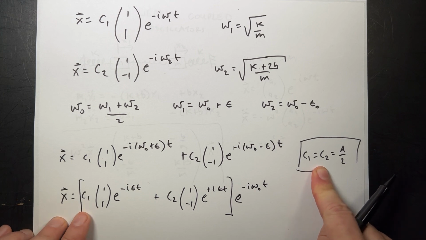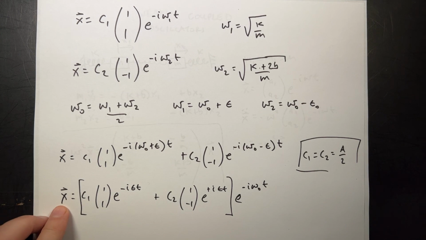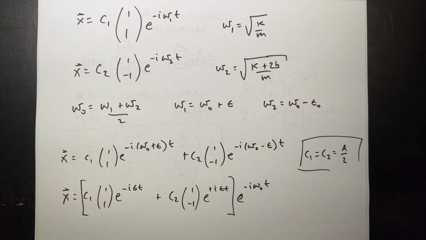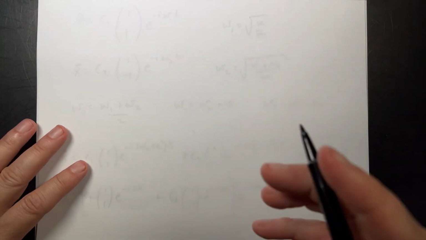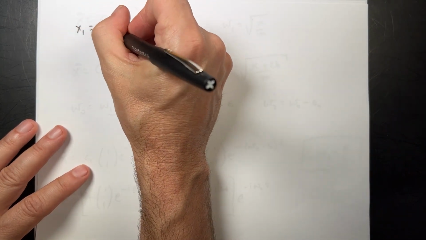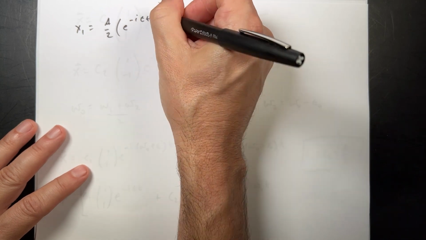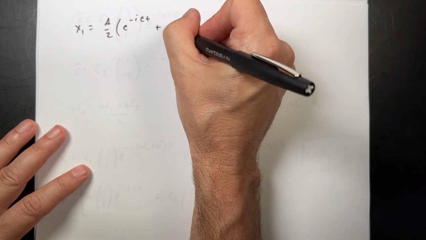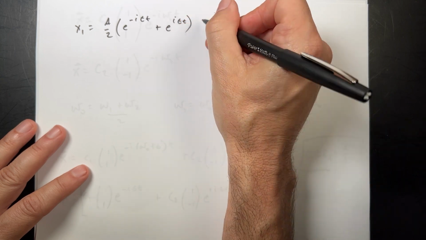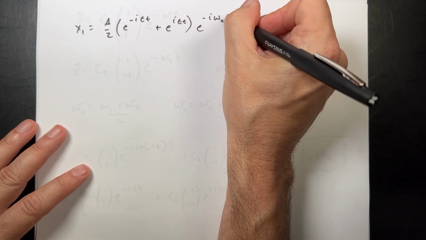If that's the case, then I can write these as two equations, right? I can do one for x1, because this is a vector, and one for x2. So that gives me the following. x1 as a function of time is A over 2 (e to the minus i epsilon t plus e to the i epsilon t) e to the minus i omega 0 t.